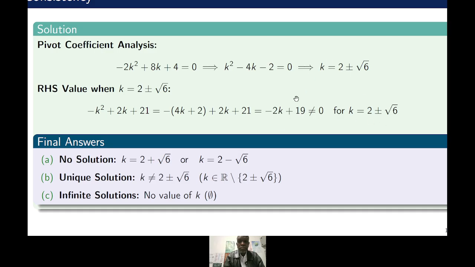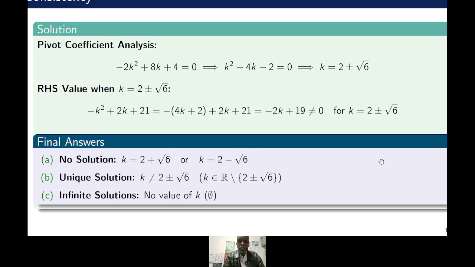So this tells us two things. There will be no solution if k is equal to either of these, which means the left hand side is 0 and the right hand side is not equal to 0. So we have no solution if k is equal to 2 plus root of 3 or k is equal to 2 minus root of 3.